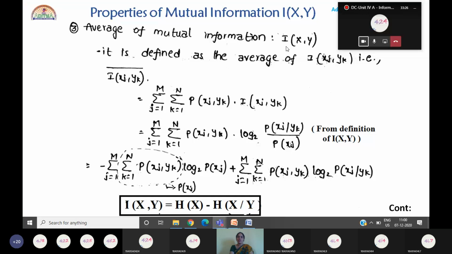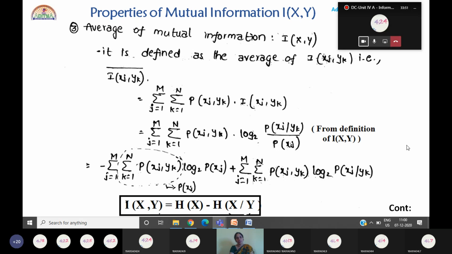So average of mutual information capital I of xy, which is stated as the average of all the elements of I of xj comma yk, is summation j equal to 1 to m, summation k equal to 1 to n, p of xj comma yk into I of xj comma yk. Finally we obtain the average of mutual information capital I of xy as H of x minus H of x by y.